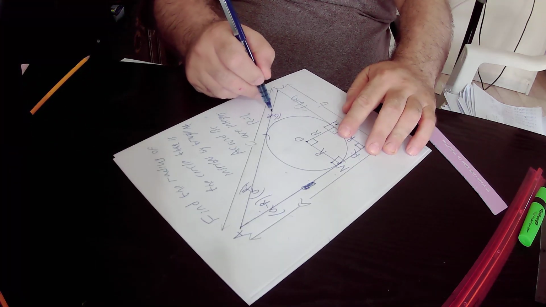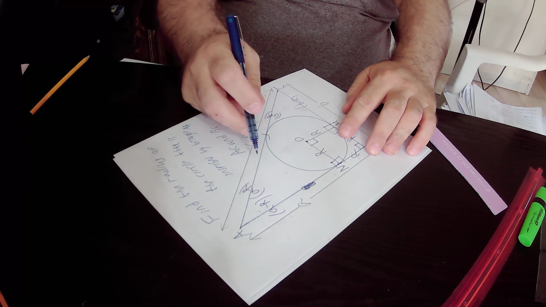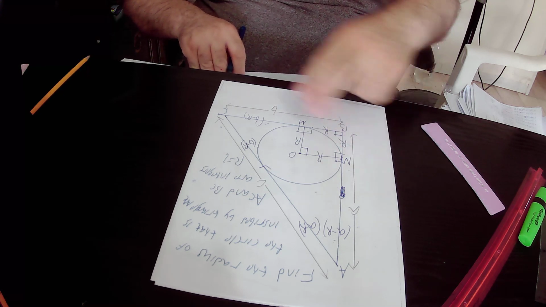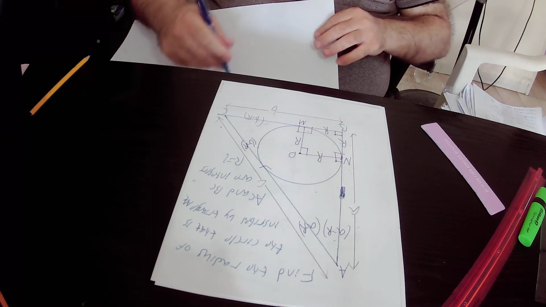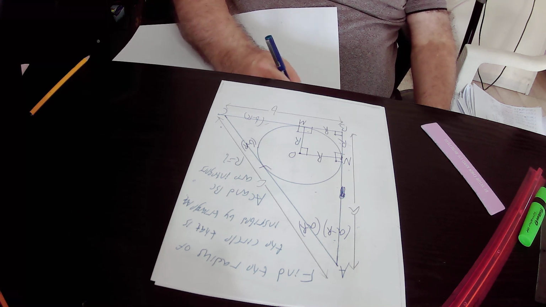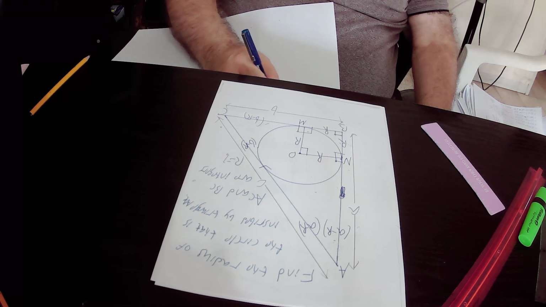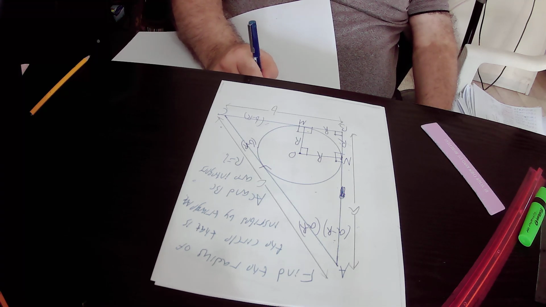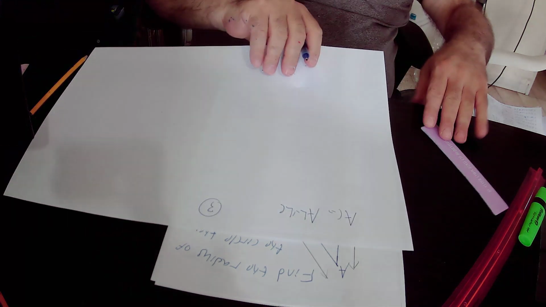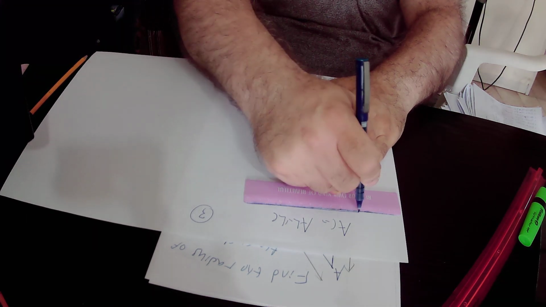Okay, so in conclusion, we found out that CL equals B minus R and AL equals A minus R. And what is the length of the hypotenuse AC? The hypotenuse AC equals AL plus LC.